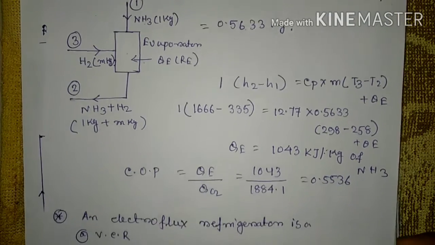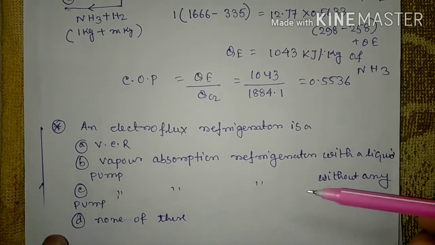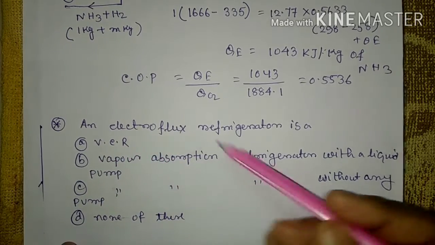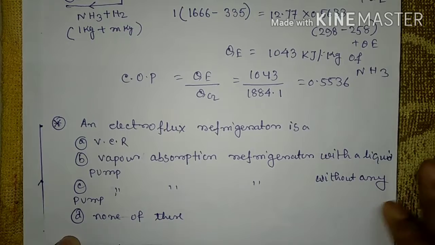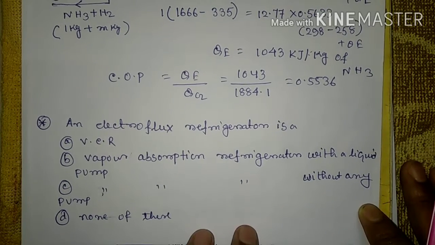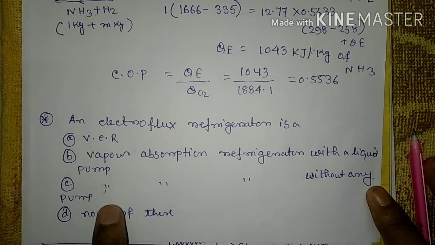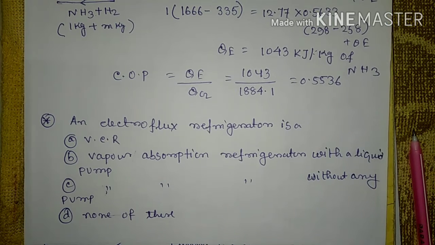Now let us take a quiz on the Electrolux refrigerator. Just try it yourself. An Electrolux refrigerator is: first option, a VCR; second option, a vapor absorption refrigerant with a liquid pump; third option, a vapor absorption refrigerant without any pump; and fourth, none of these. What is your answer? I think all of you get it.